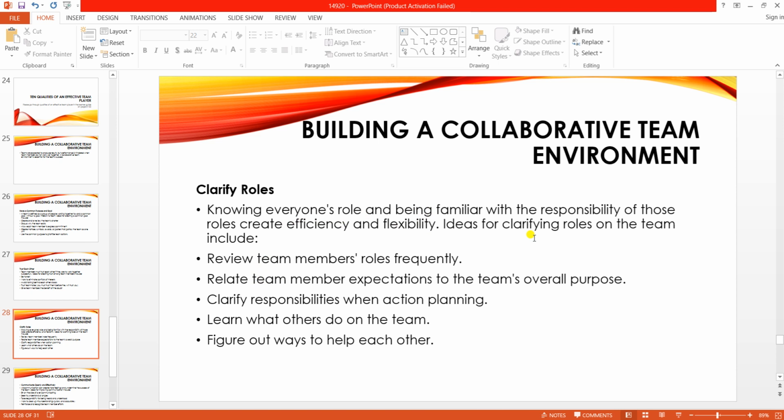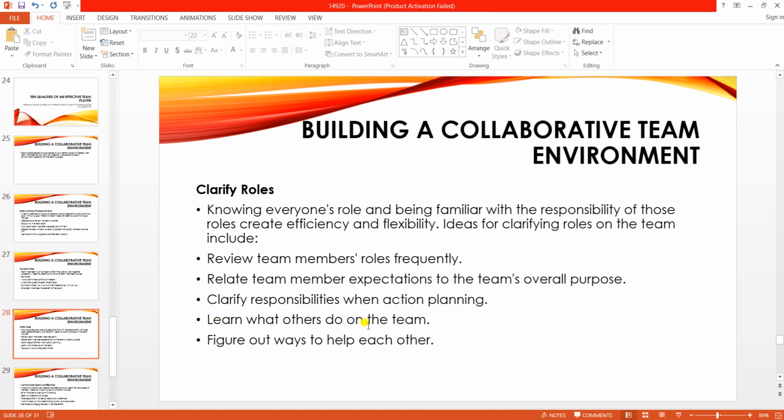So the ideas for clarifying roles include reviewing team members' roles frequently. This is very important. You need to frequently review the team members' roles, and what they are expected to do. You need to relate team members' expectations to the team's overall purpose and clarify responsibilities when actions are planned.